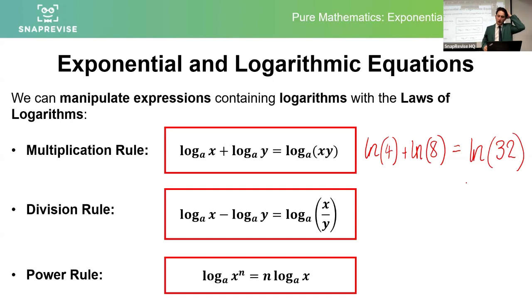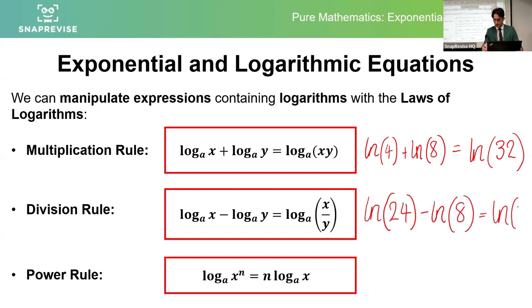Cool. Right, the division one, this one here, ln, let's say, for example, 24 minus ln 8. That would be ln 3, because it's not subtraction, it's division.